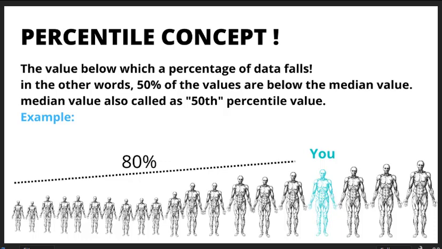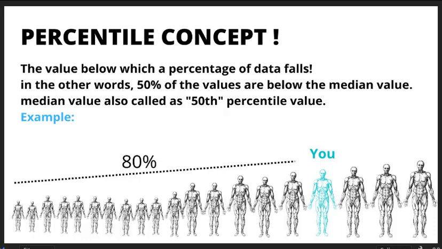We will use this concept at a later point in time, but I want to cover it now while we are discussing the median, because median is the 50th percentile value. So this is the concept of a percentile.